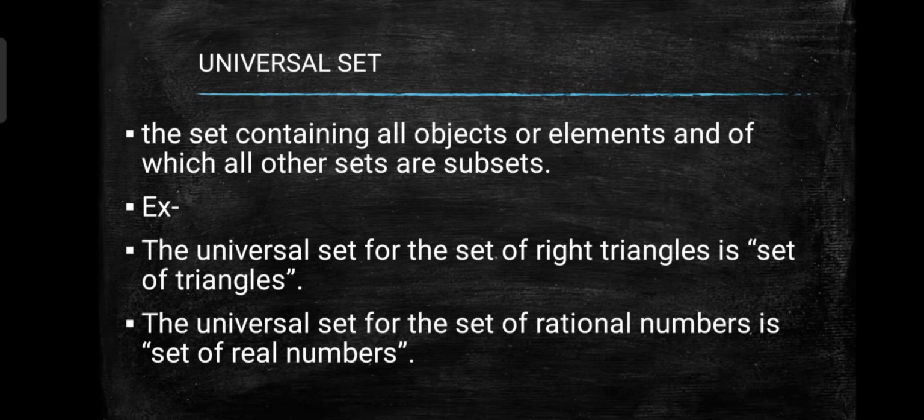That set of dogs is the universal set. The set containing all objects or elements is called a universal set. The set of triangles would be the universal set for the set of right-angled triangles, the set of equilateral triangles, or the set of scalene triangles. And the universal set for the set of rational numbers is the set of real numbers, since the set of real numbers also contains the rational numbers.